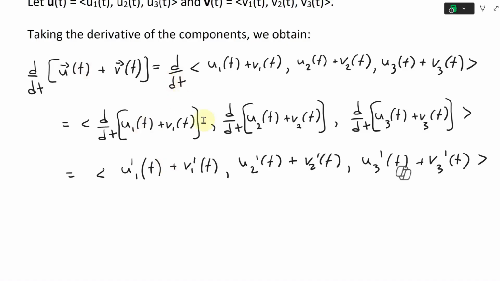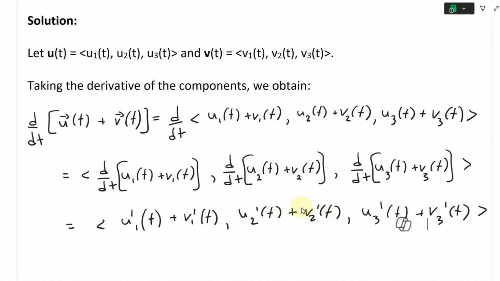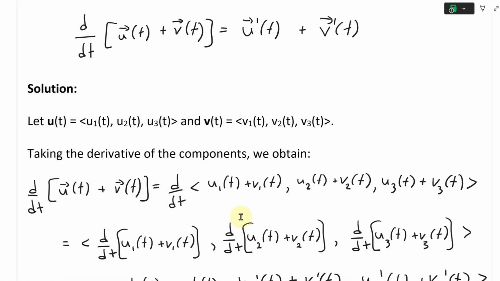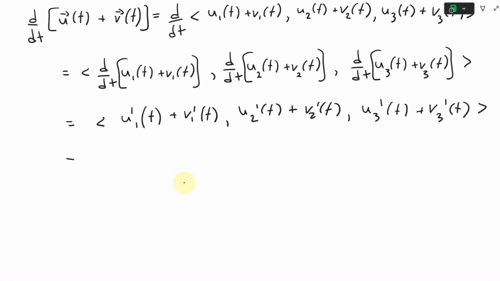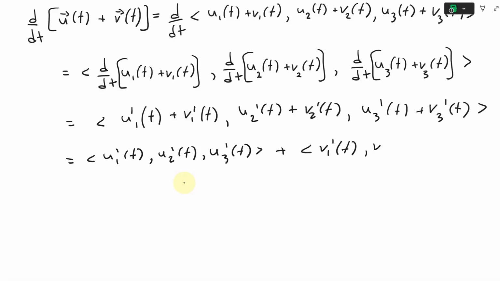Just like when we added these together, now we can separate them. This is the same thing as writing two vectors separately: u1 prime of t, u2 prime of t, u3 prime of t, plus v1 prime of t, v2 prime of t, v3 prime of t.